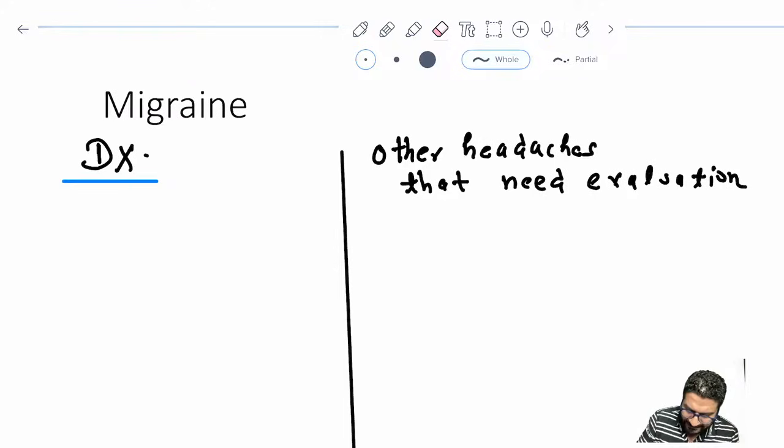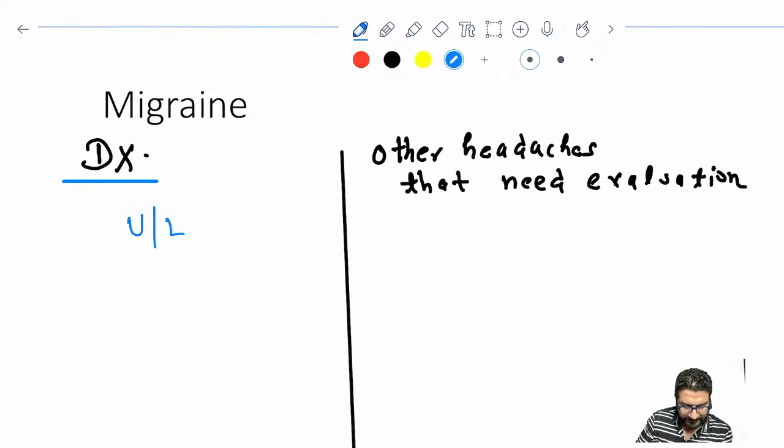So understand, in migraine you will see the patient will have headache. This headache is unilateral, one-sided, and it is never mild. It is moderate to severe. Then remember this headache is pulsatile.